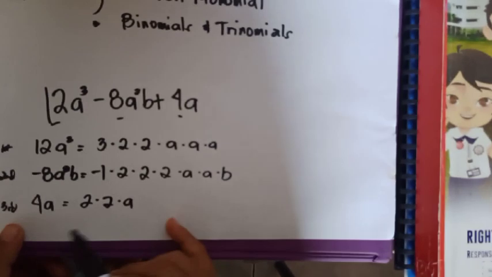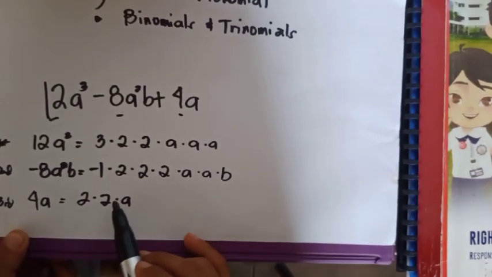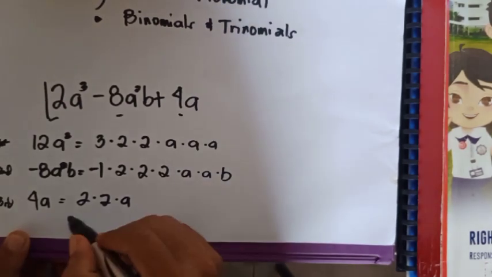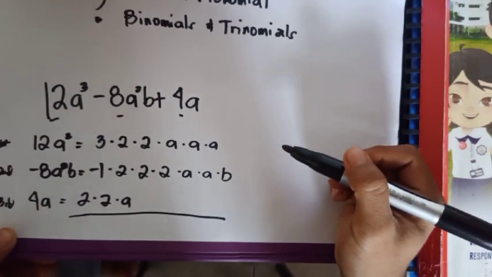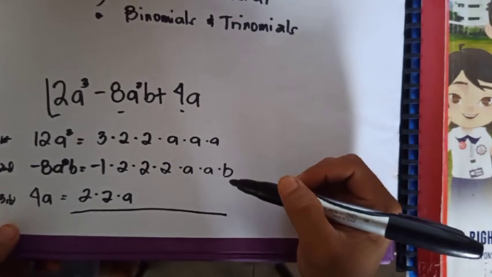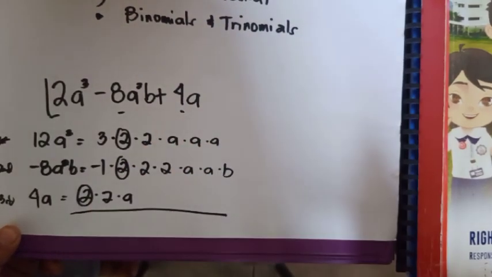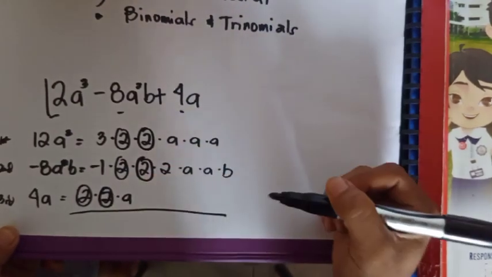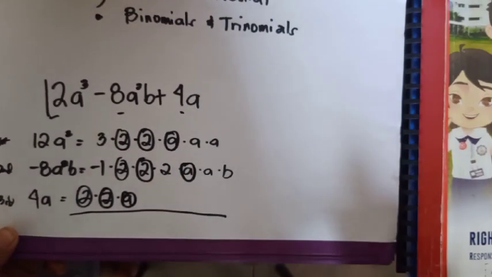How about 4a? Let's find the factors of 4a. 4 is 2 times 2 times a. And then we find the GCF. So what are the common factors in this trinomial? We have 2 and another 2 and a.